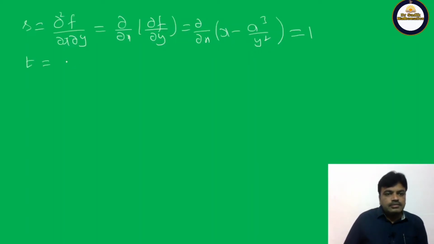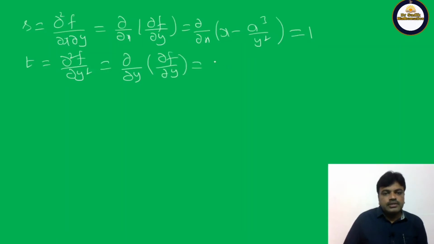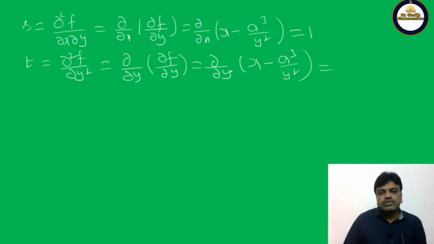The t value, ∂²f/∂y², is equal to ∂/∂y of ∂f/∂y. Here we have x minus a³/y². With respect to y, x is constant, so the value is 0.